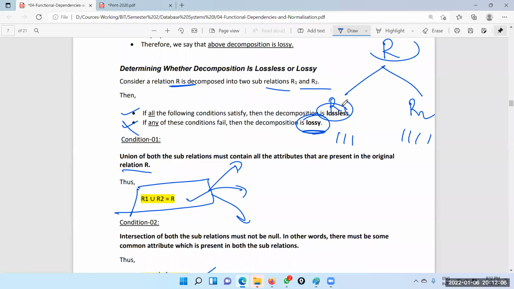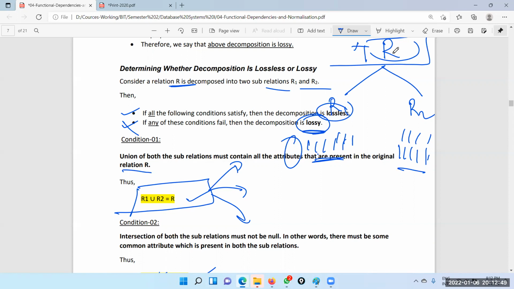Anyone? So this is a very obvious one, right? If you have a set of fields here and a set of fields there, and you take those fields together, obviously it must have all the fields of the original. Otherwise, how can you say that it is a decomposition of that? When you union these two, if there's an additional field, that is wrong, because that means you have added a field which was not in the original relation. And if at least one field is missing, say we had a field called X but in the union you don't have it, then that field has vanished.